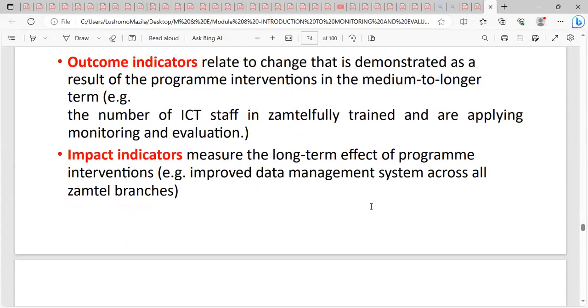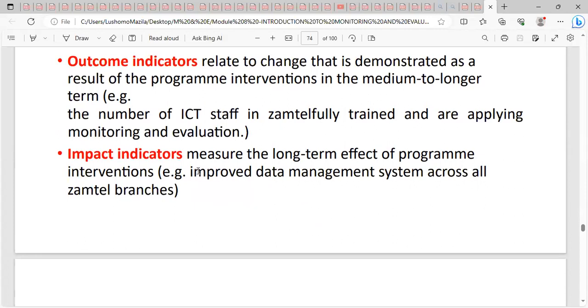Let's come to the impact indicators. The impact indicators measure the long-term effect of program intervention. In the outcome, you were talking about the people who are applying the skill which they have learned. In the impact, we are looking at the long-term change.